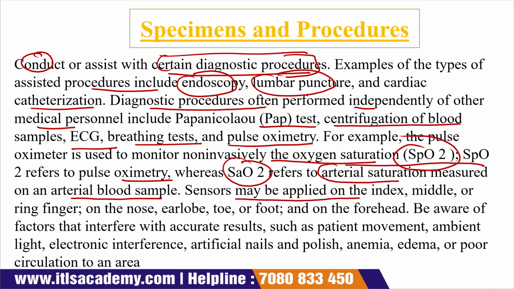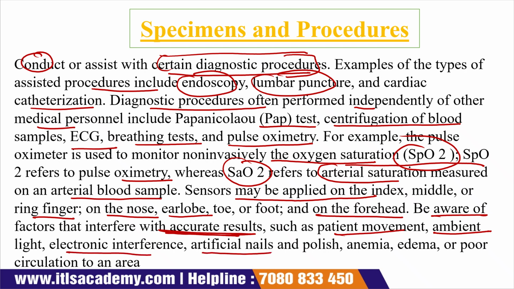Sensors may be applied on the index, middle or ring finger, on the nose, earlobe, toe, foot and on the forehead. Be aware of the factors which interfere with accurate results, like patient movement, ambient light, electronic interference, artificial nails, nail polish, anemia, edema or poor circulation to an area.